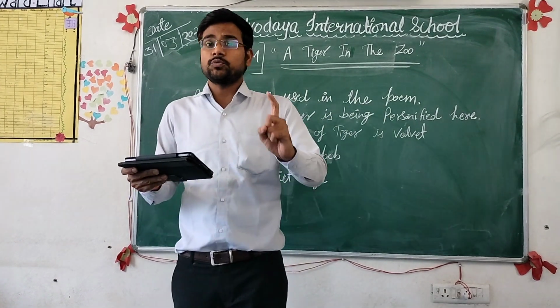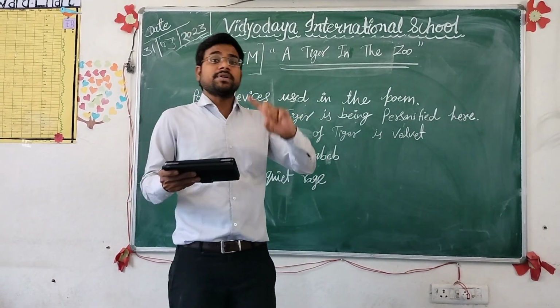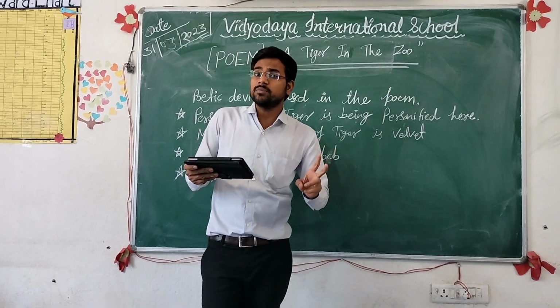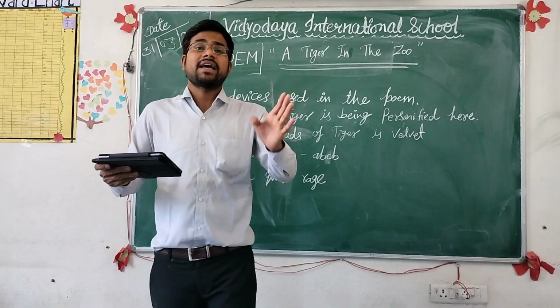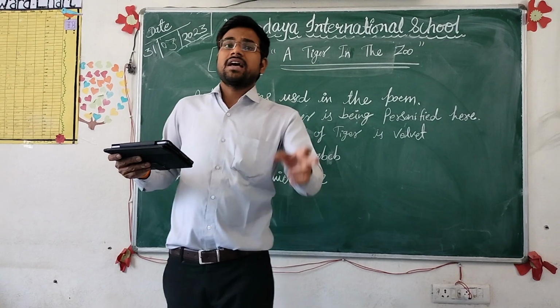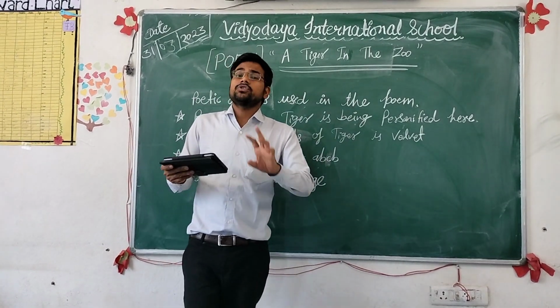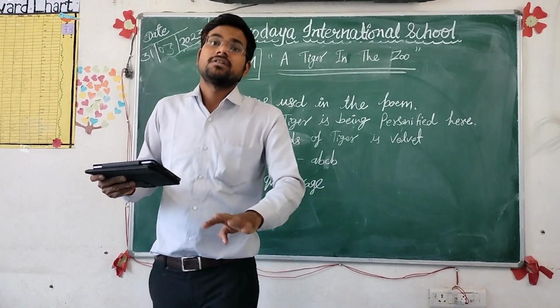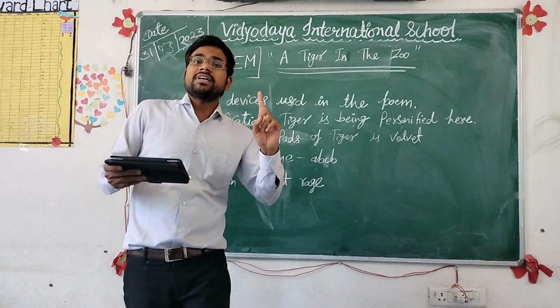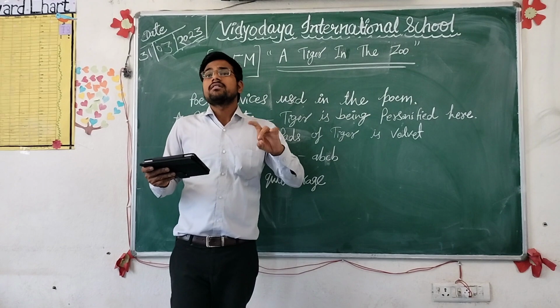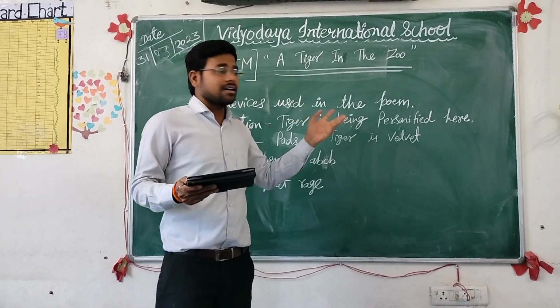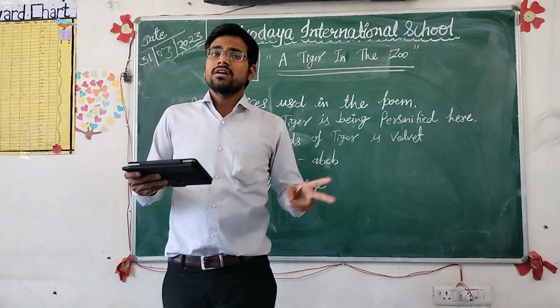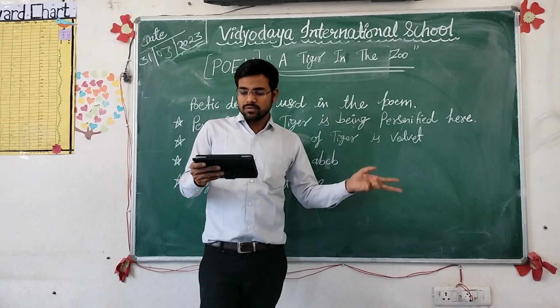The tiger should be lurking in the shadow. Lurking means he should hide himself behind the bushes, behind the grass, and wait for the hunt. The tiger should be like that. It should not be sitting in the zoo, as this is not the natural activity of the tiger.